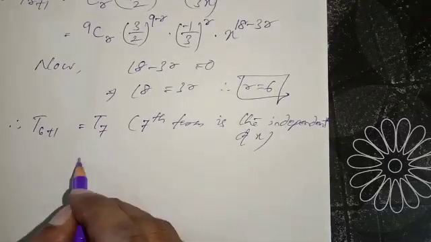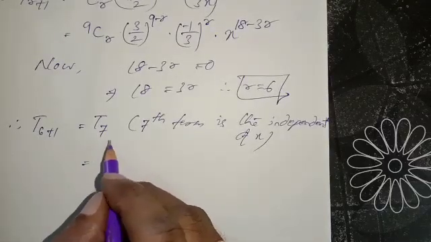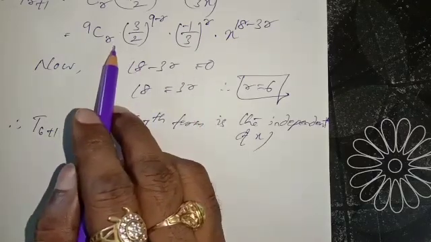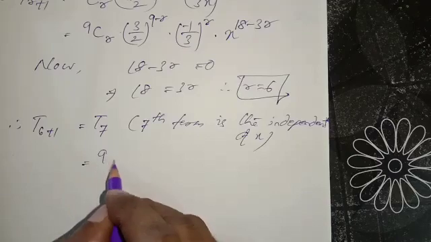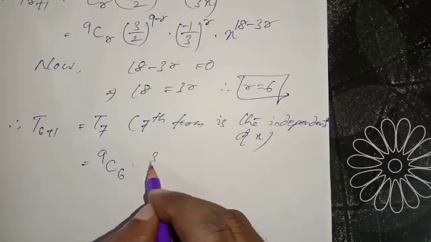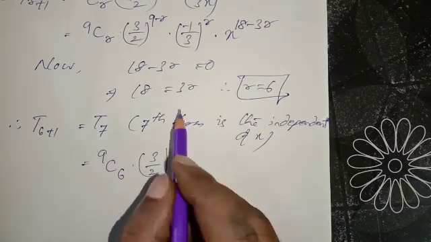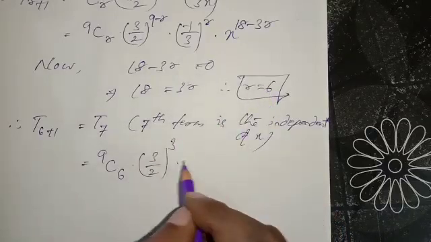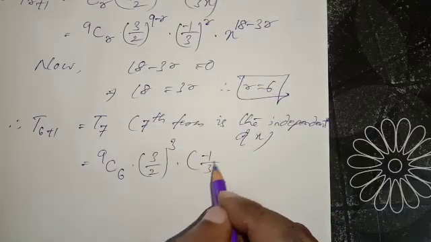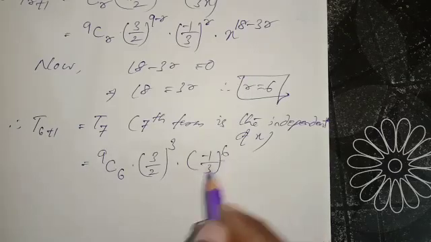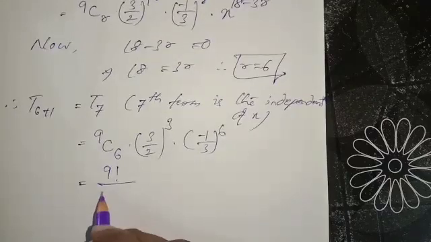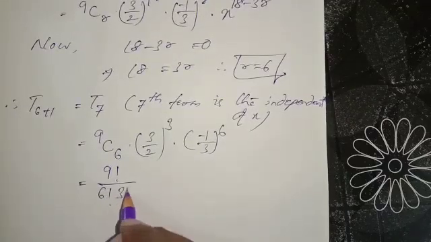Next, this term you have to find out. How? Putting r equal to 6 in this expression: 9C6, (3/2) to the power 9 minus 6, that is 3, and (−1/3) to the power 6. Finally, we are getting 9 factorial over 6 factorial 3 factorial.